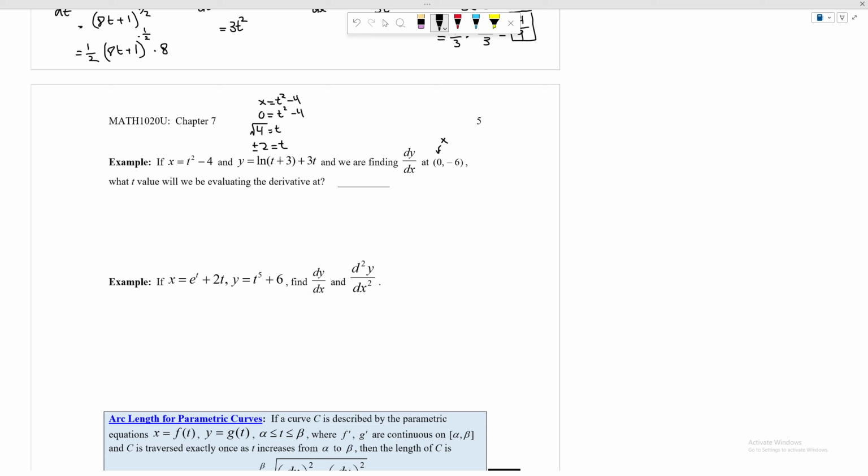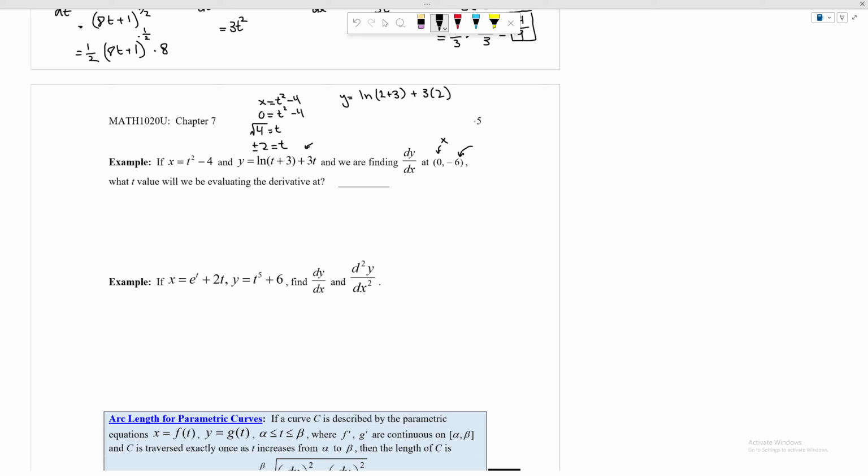What we could do is sub it into here and see which one it is, plus or minus. So y equals ln of t plus 3t, and let's sub in 2. But you see, just off the bat, this will not give us a negative number, and our y is negative.